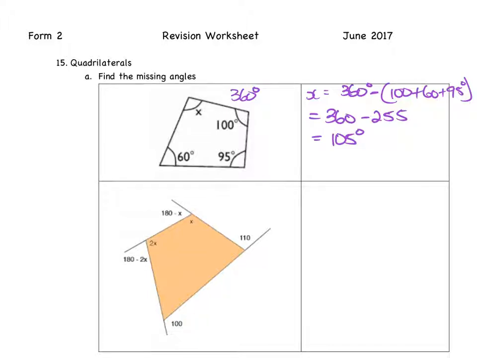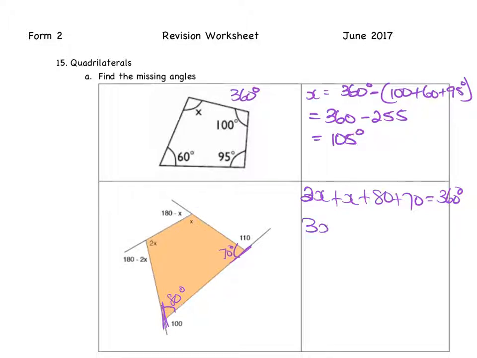Now in this one we have exterior angles, so we can work out what the interior angles are. This is a straight line, so we know this will be 180 minus 110, that be 70 degrees. We know this will be 180 minus 100, that be 80 degrees. And we can add it all up, so we'll get that 2x plus x plus 80 plus 70 must be equal to 360 degrees.